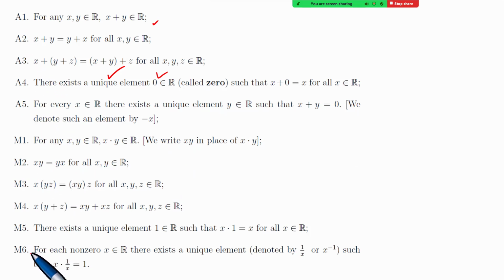Now, there are the axioms that pertain to multiplication. You have 5 addition axioms and 5 axioms that pertain to multiplication. First, for multiplication, for any x, y in R, the product is in R. Obviously we write xy in the place of x times y.